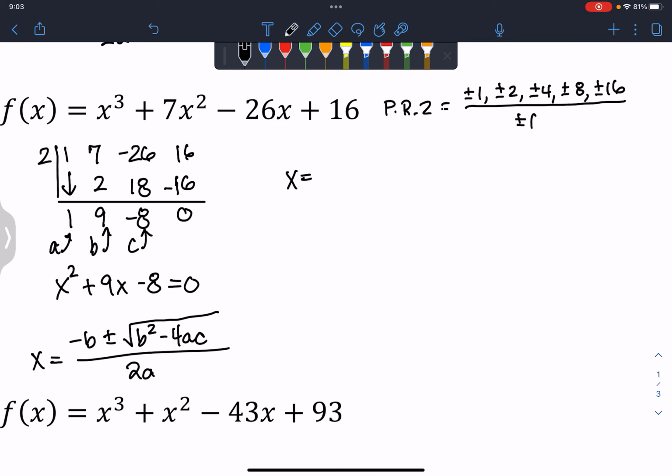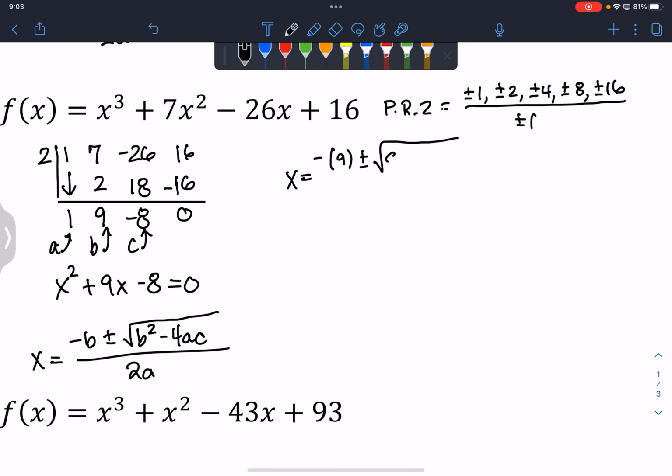So with b being 9, we're going to get the opposite of 9, so negative 9, plus or minus the square root of 9 squared minus 4 times a, which is 1, times c, which is negative 8.